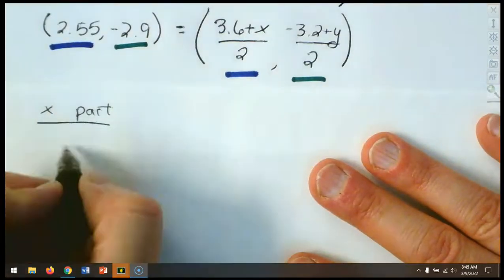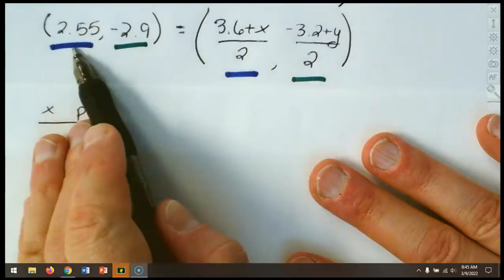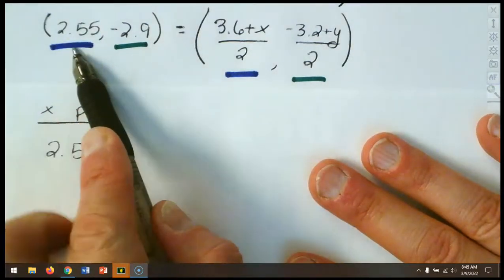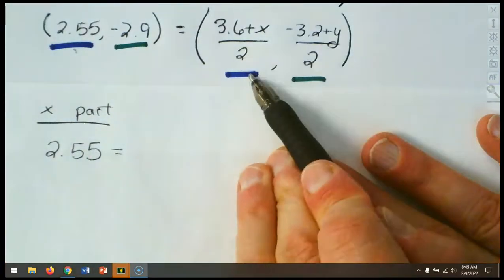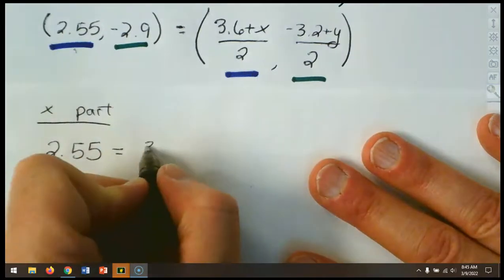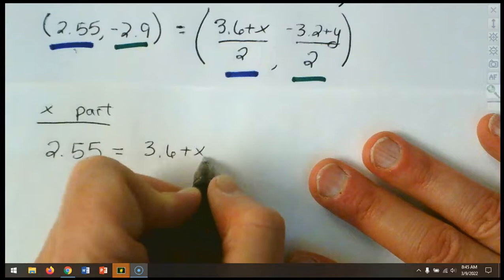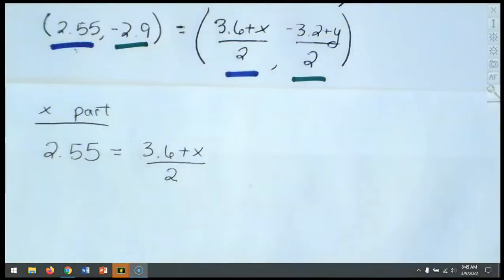And on the x part, we've got 2.55 because that's in front of the comma. That is going to then equal, on the other side, what's in front of the comma, which is that 3.6 plus x over 2. How do we solve this?